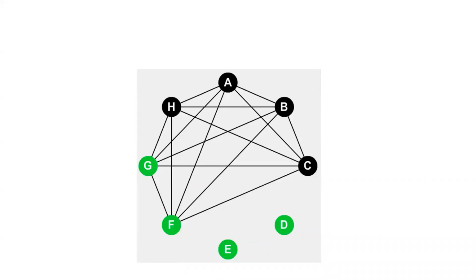So for example, here we can disconnect the edges from E and D, and then we have 3 different connected components: E, D, and G with F. So this is a valid solution. What we want to achieve is a solution like this with the minimum cost on the edges we disconnected.